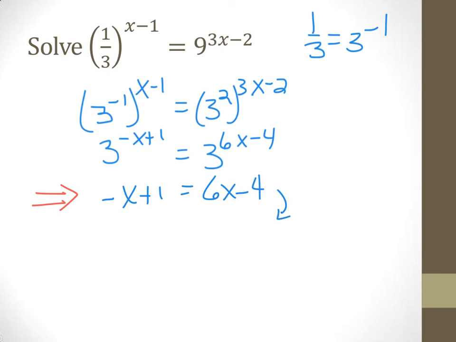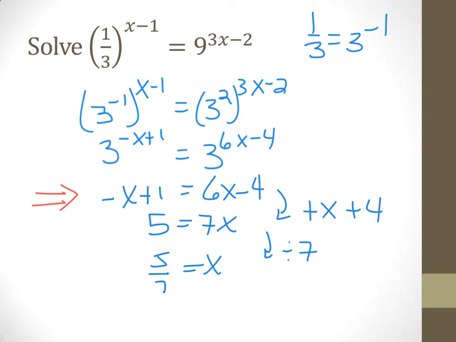Let's move all of the variables to the right by adding x, and move the constants by adding 4. When you do that, on the left you get a 5, and on the right you get 7x. Let's go ahead and divide by 7 to get that variable by itself, and you get 5 over 7. You can check that by substituting back into the original equation and verifying that it is correct.